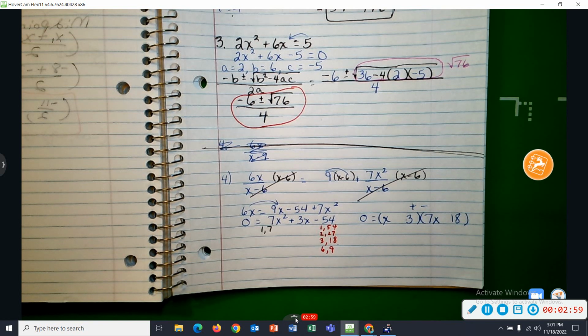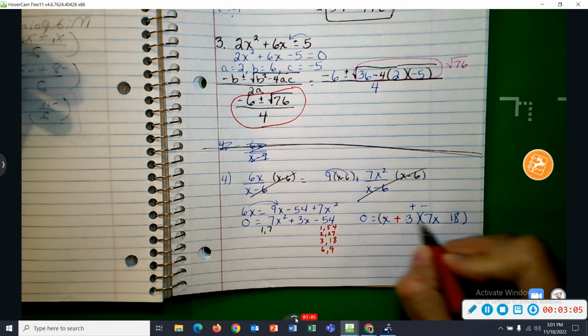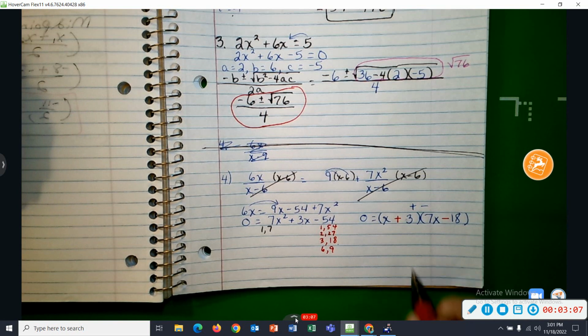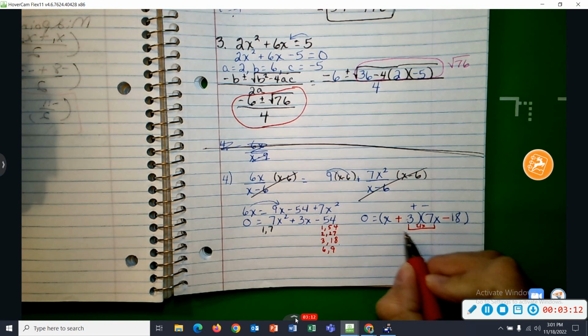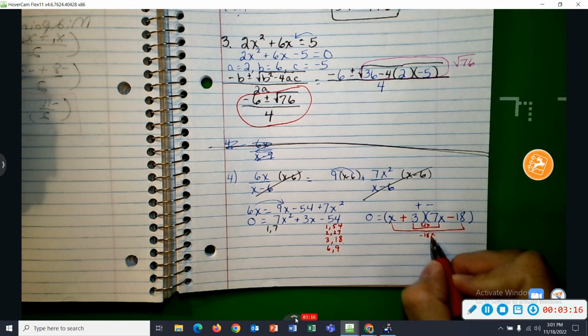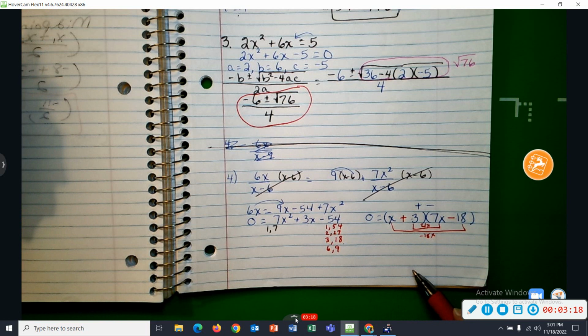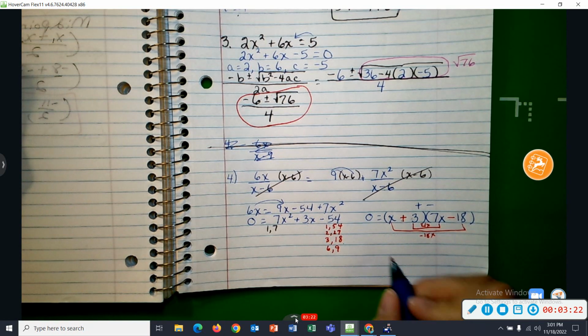So how do I arrange my plus and my minus? Well, if I want the 3x to be positive, I think this is how we're going to have to do it. We'd have a positive 21x minus 18x. That's giving me a 3x. So set each one of these factors to 0.